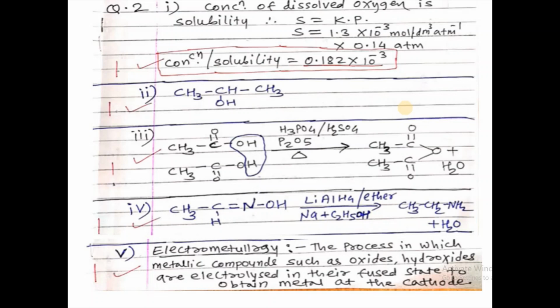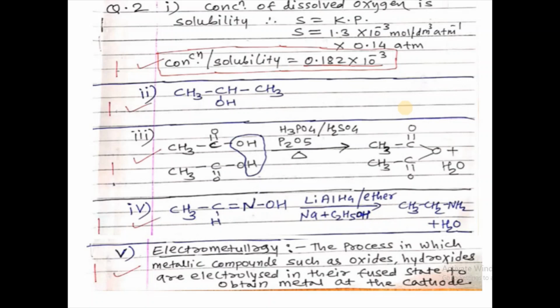And the first question for that one sentence is, what is the concentration of dissolved oxygen at 50 degrees Celsius under pressure of 1 atmosphere if a partial pressure of oxygen at 50 degrees Celsius is 0.15 atmosphere?